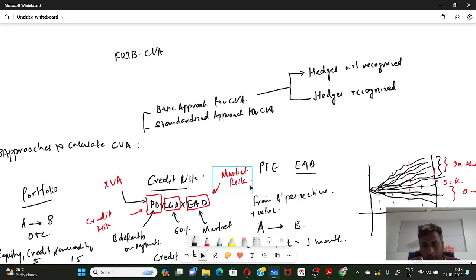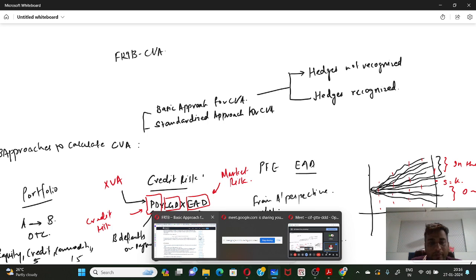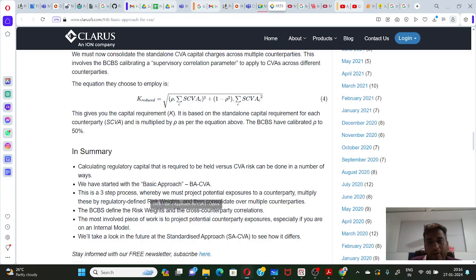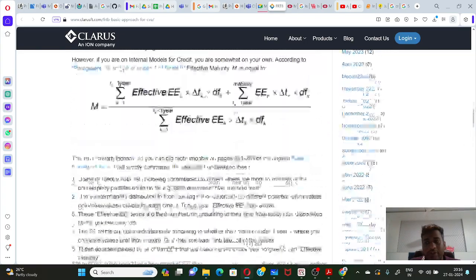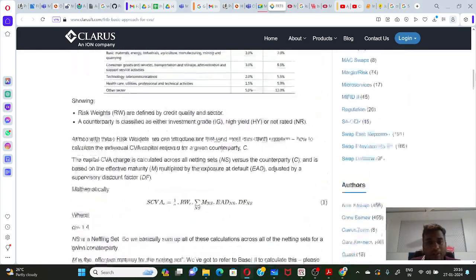Our whole exercise of trying to understand CVA is going to revolve around understanding these three approaches of calculation of CVA: what it is for hedges recognized, what it is for hedges not recognized, and what it is for the standardized approach. At a very high level, this is what we are going to do for the next sessions.